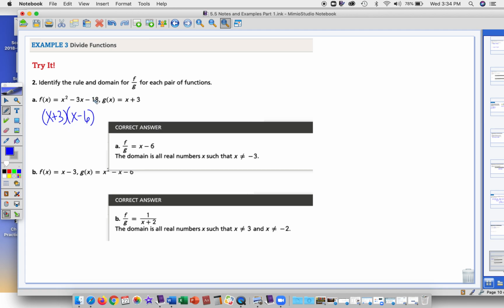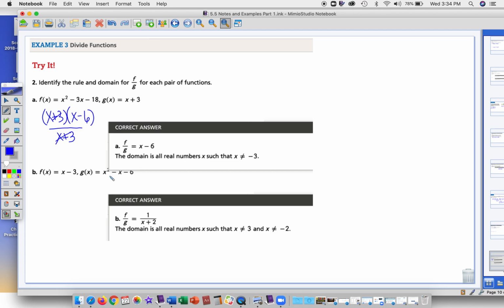To give me that minus 18 for the constant. So if I have that over g, the domain will be x not equal to negative 3, which is stated here. The x plus 3 is reduced out, so this time the 1 is in the denominator. So the function is just x minus 6.